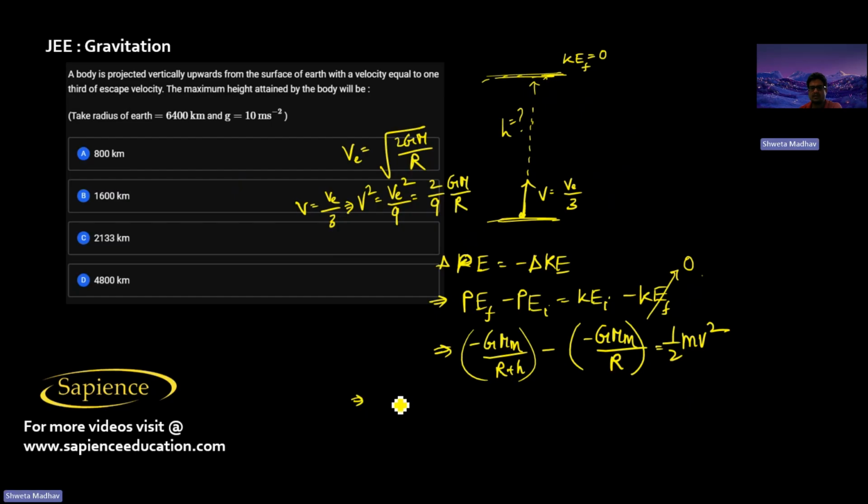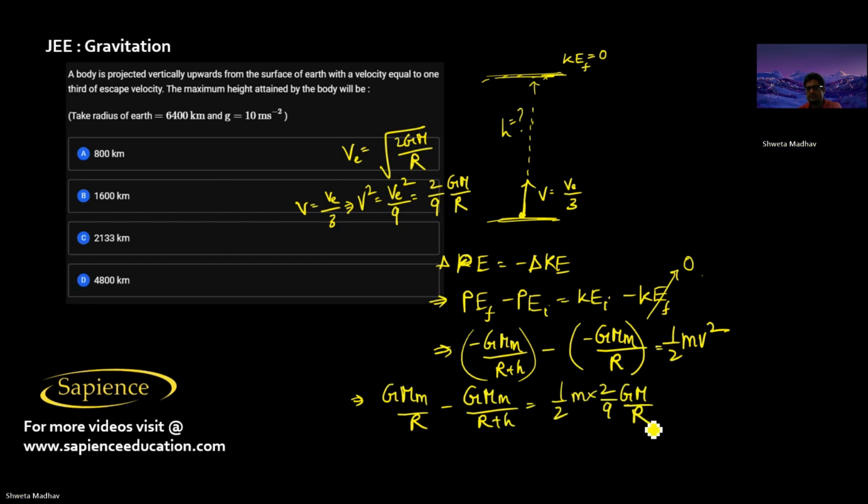Means I can say this will be GMm by r minus GMm by r plus h, that will be equal to half m into 2 by 9 Gm by r. 2 will get cancelled, m also will get cancelled, and Gm by r also I can cancel.